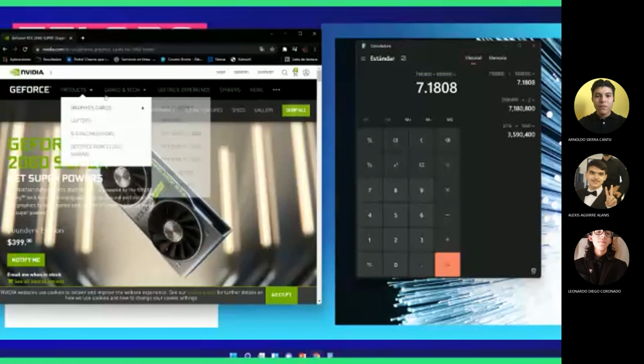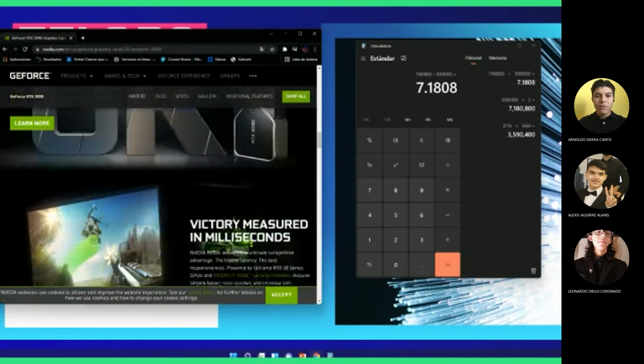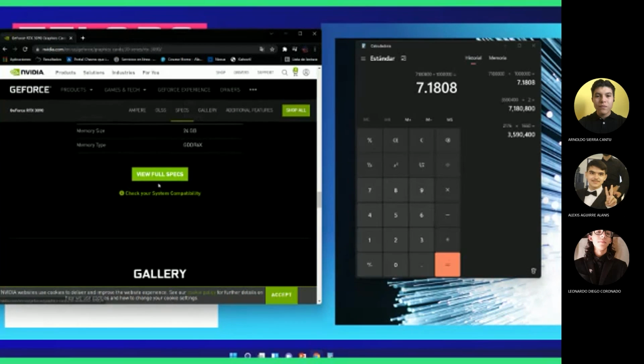But if we go to these products, graphics card 3090, this is literally the best graphics card that exists.